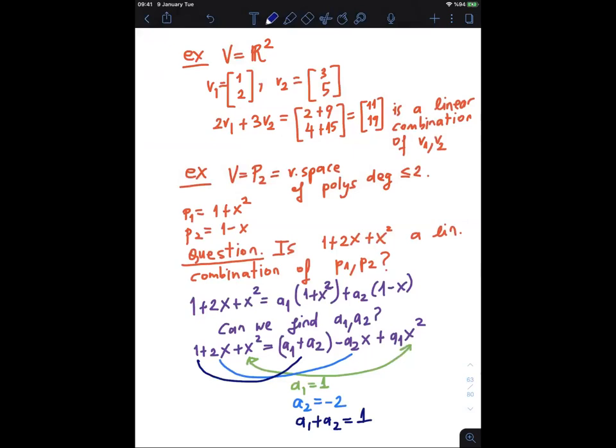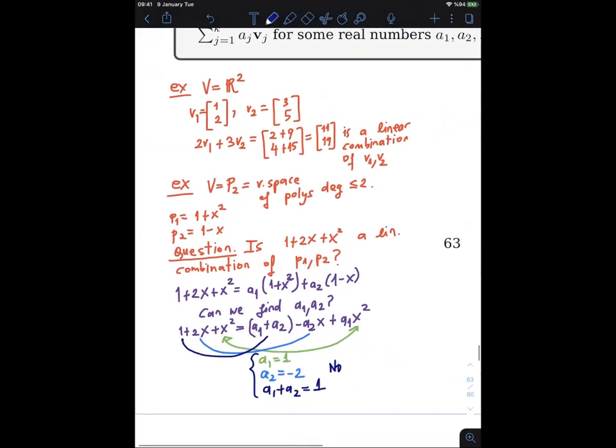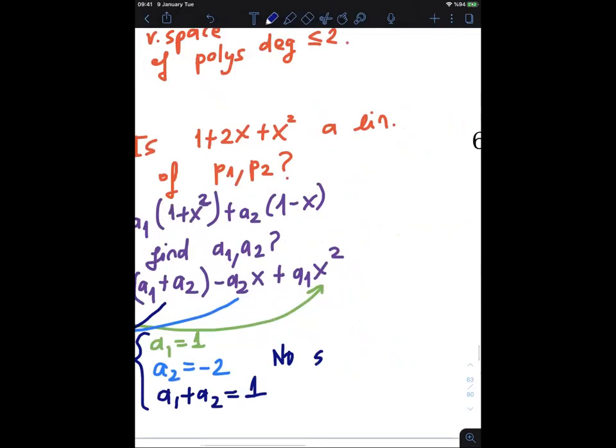So can such a1 and a2 exist? You see there's a contradiction here, right? Because if a1 is 1 and a2 is minus 2, then their sum is minus 1, not 1. So the answer is no. No such a1, a2 exists.